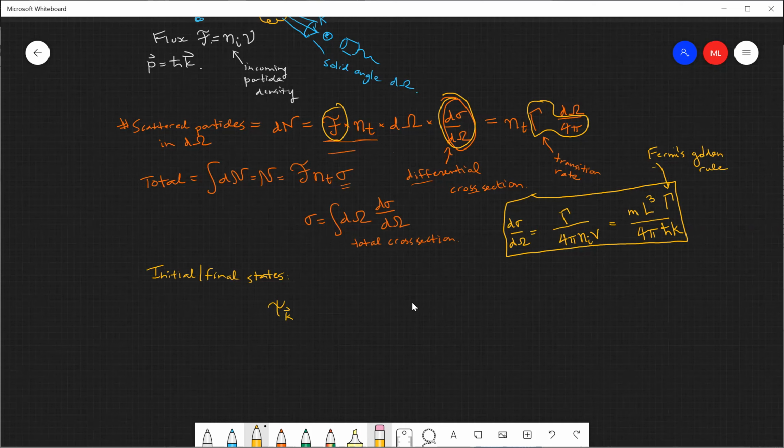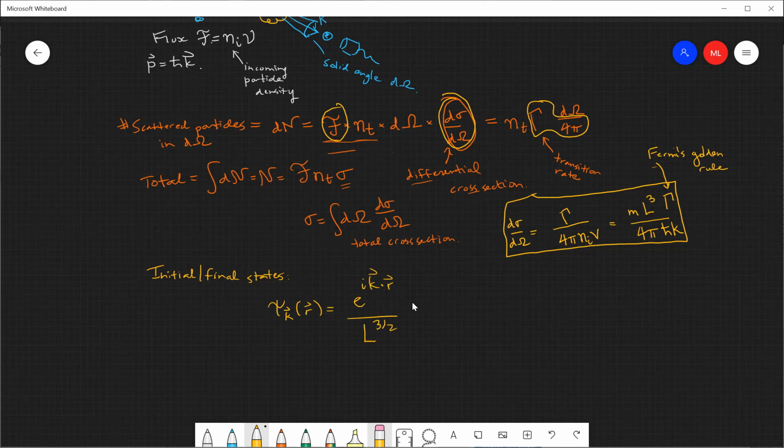And again, it's always convenient to put the plane waves in a periodic box. So it's convenient to use the following normalization: a plane wave, e to the i k dot r or k prime, normalized by L to the 3/2 for a 3-dimensional system, L to the 1/2 for a 1D system.